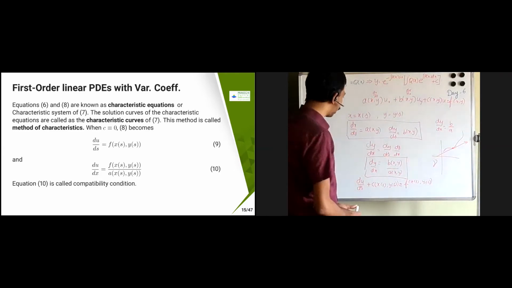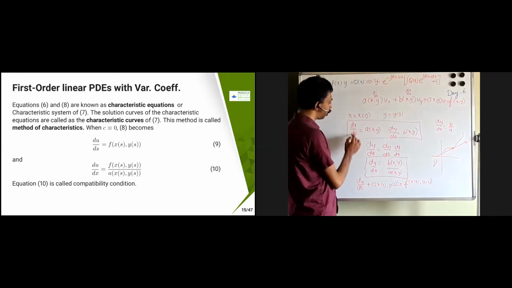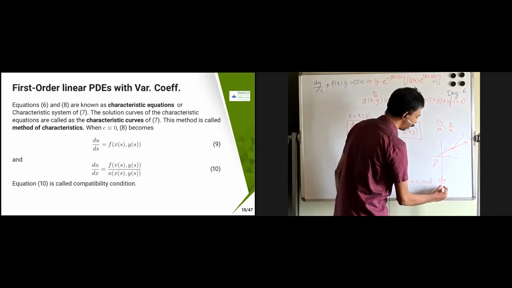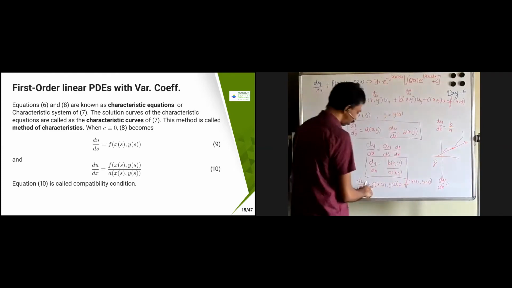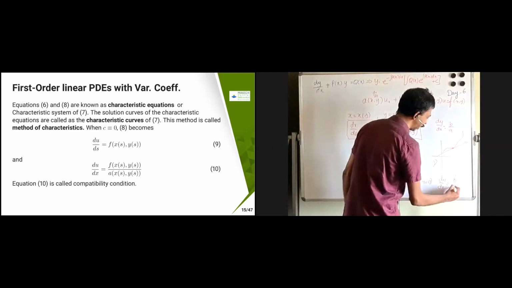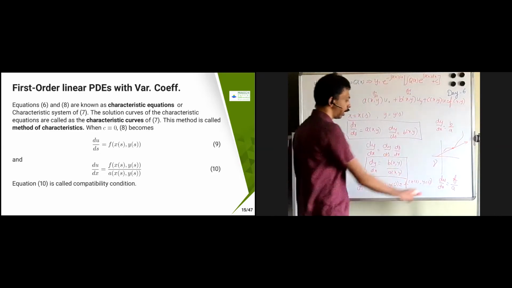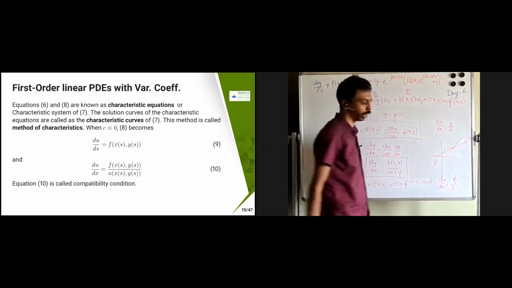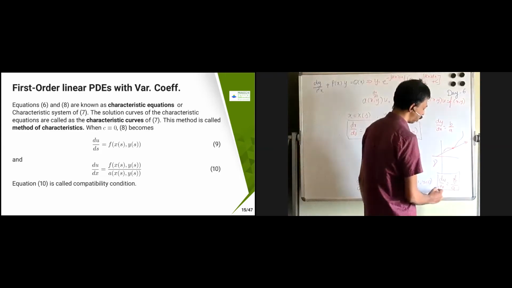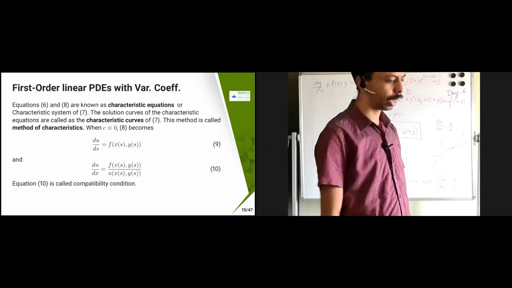Because you have du by ds and you have dx by ds, du by dx is du by ds divided by dx by ds, which is f of x comma y divided by a of x comma y. That's why this is usually called the compatibility condition.